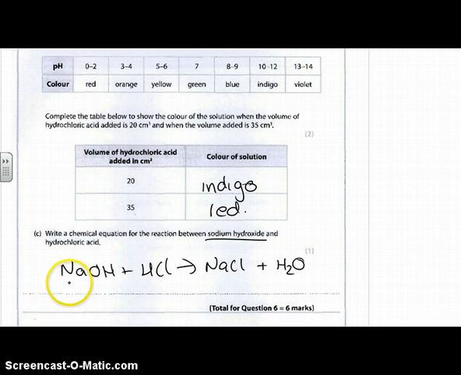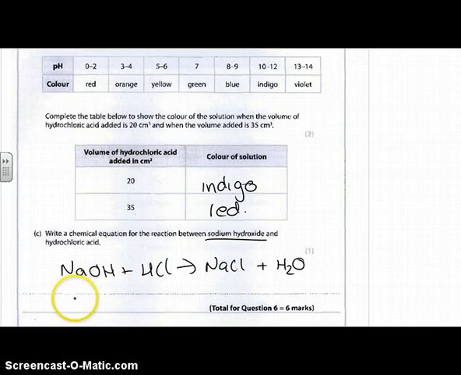So that's a metal hydroxide and an acid to give you a salt and water. Now ensuring the equation is balanced: 2 hydrogens, 1 oxygen, 1 sodium, 1 chlorine, 1 chlorine. The equation is balanced.